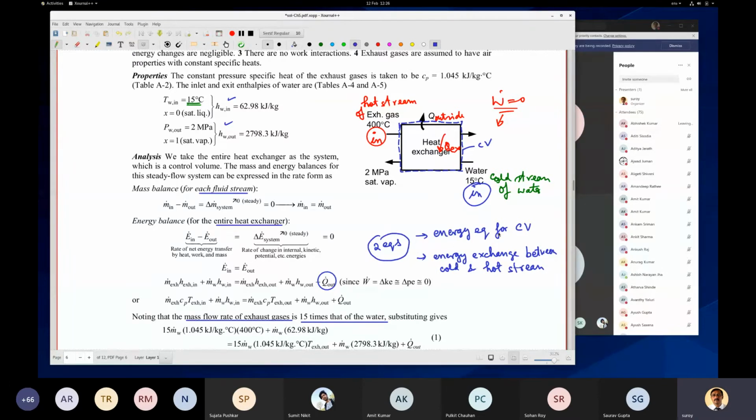One energy equation is for the full control volume, another is the energy equation between cold and hot streams. One is a combined one, and separately also we have one.